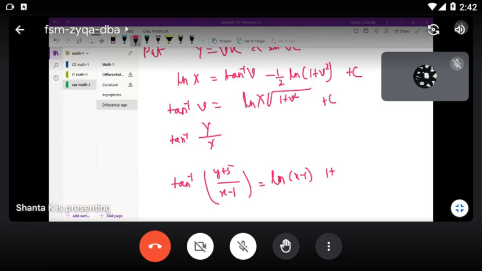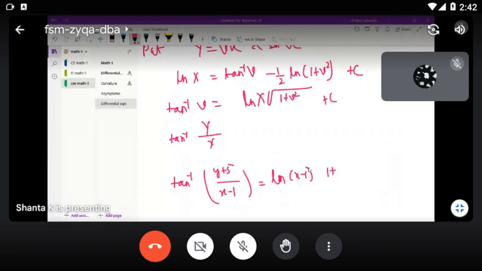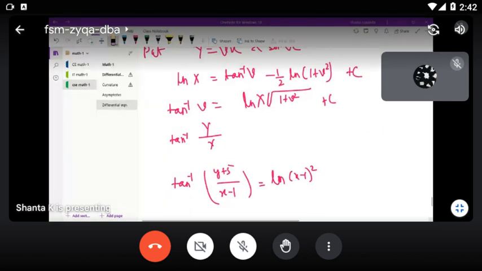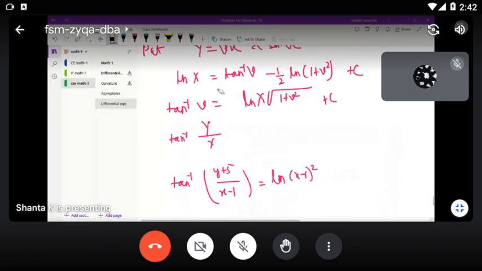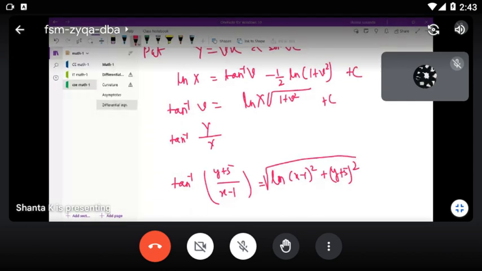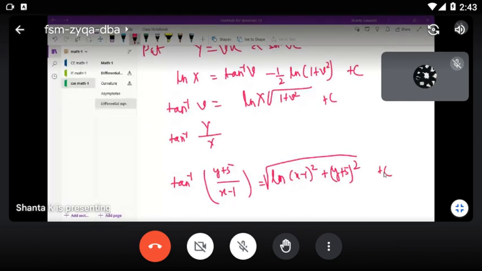So ln of the square root of (x minus 1) square plus (y plus 5) square, plus c.